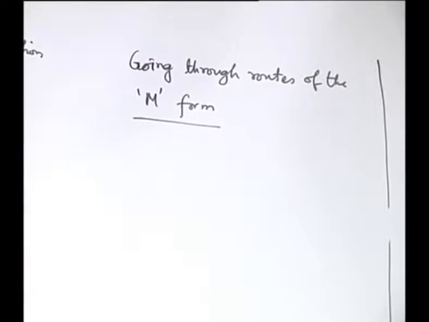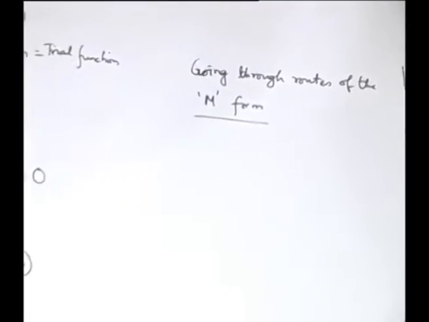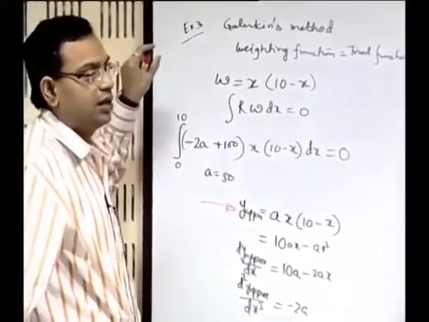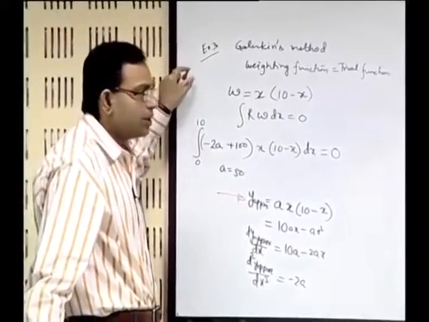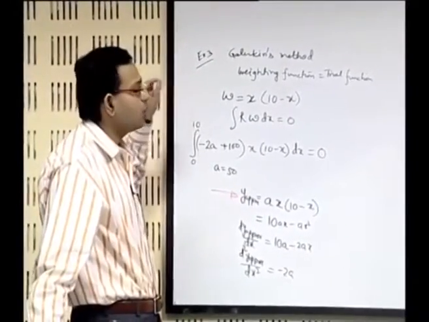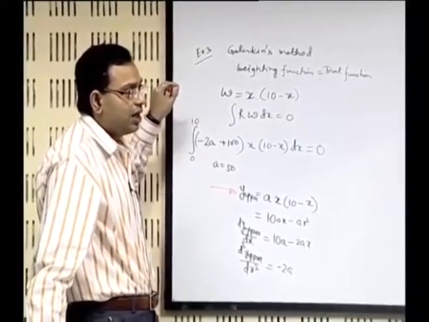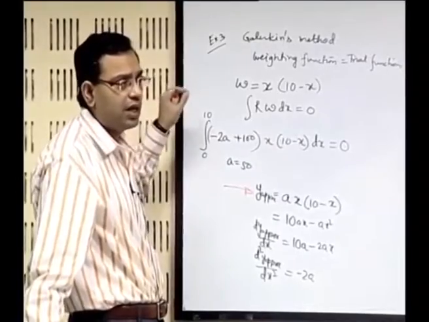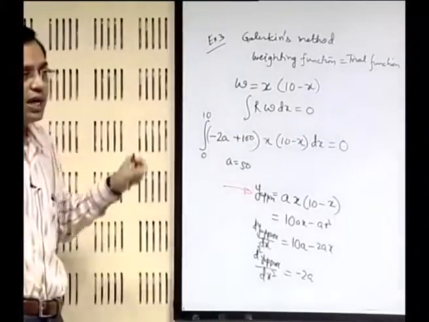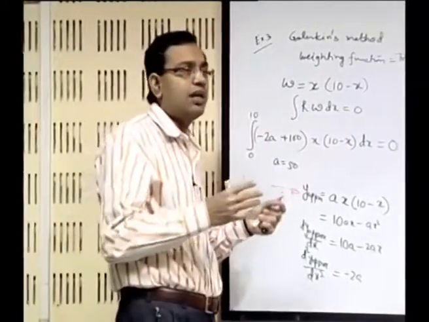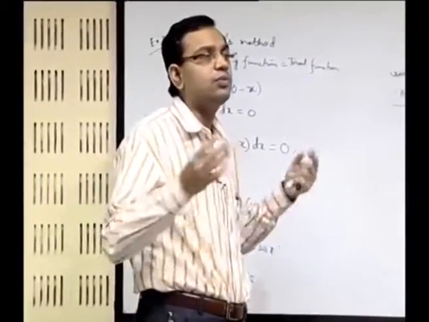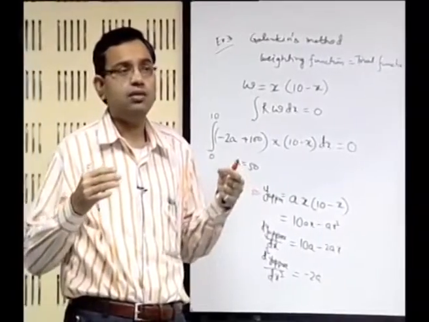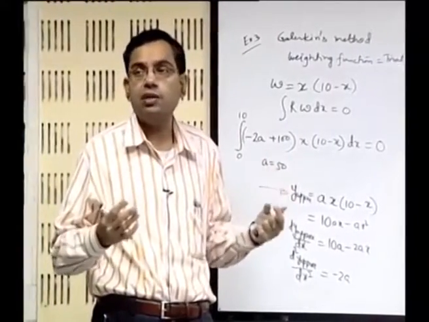Before doing that, one important thing we should keep in mind is that no matter whether it is the least square method, the point collocation method or the Galerkin's method, these are not the only methods; these are just some examples that we have considered. You could have other methods where you choose different forms of trial functions, like a very commonly used method called the spectral method.